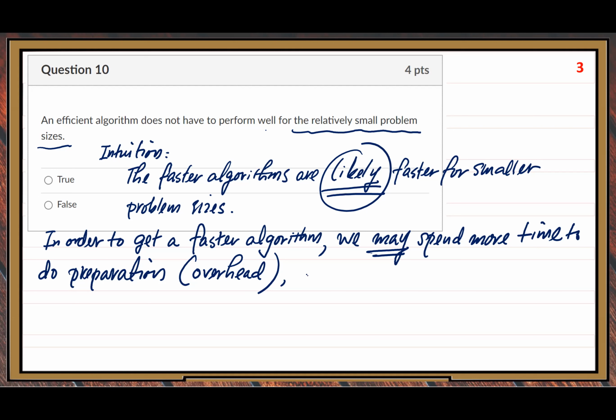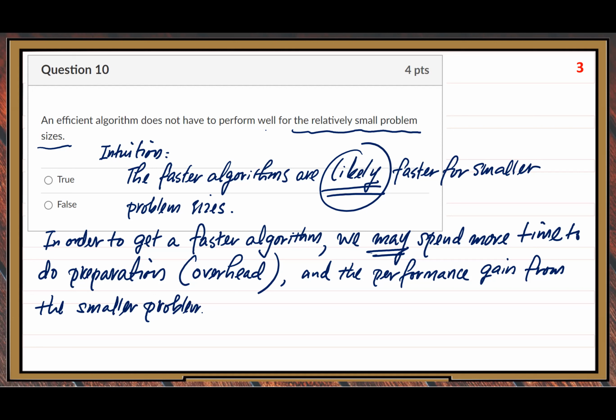And as a consequence, the performance gain from smaller problem sizes may not be able to overcome the overhead.